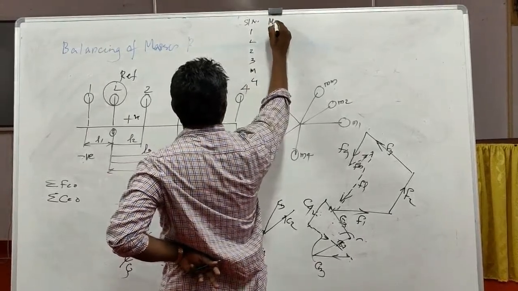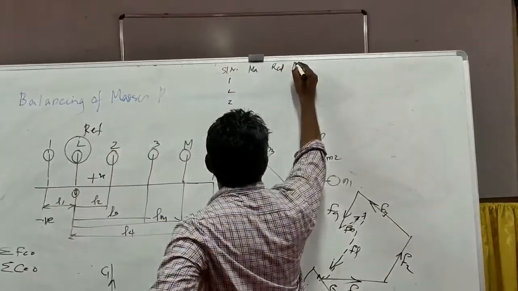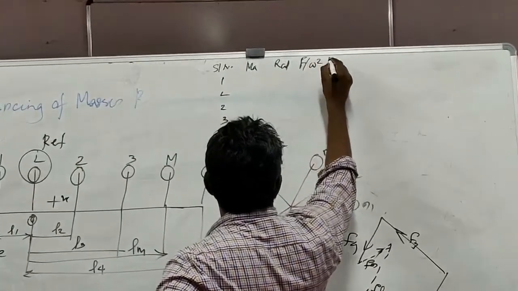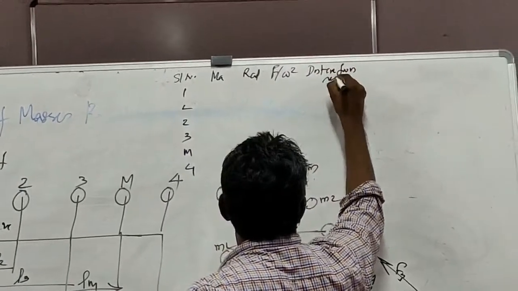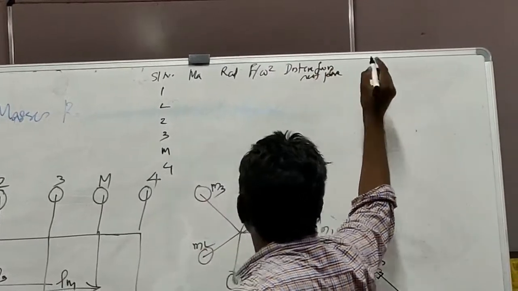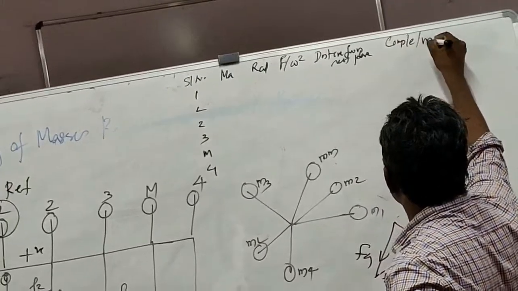Then mass, radius, then force by omega square, distance from reference plane, then couple by omega square.